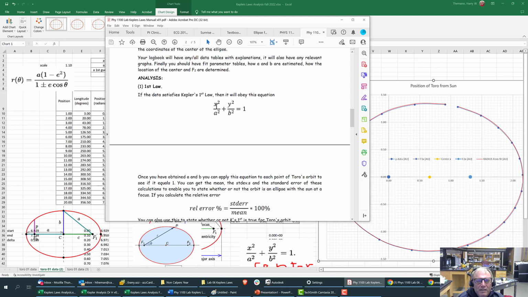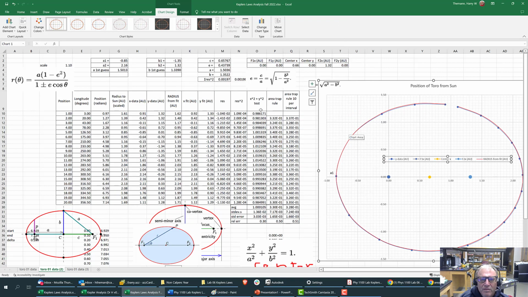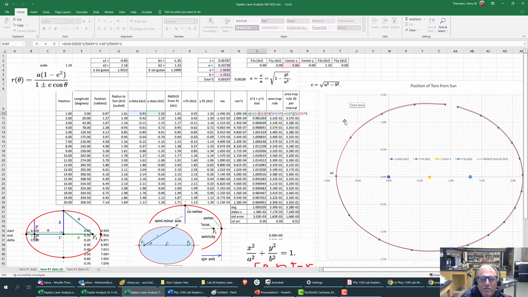And in fact for any, it's actually a little bit more than this. For now I'm going to leave the lab manual as it is, but this x squared over a squared plus y squared over b squared is from the center. So I need to construct that equation, but because it's from the center and my data is generated from one of the focal points, I have to displace the x values each time.